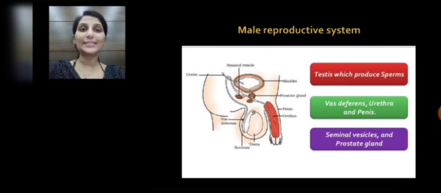The function of these secretions is to provide nutrition to the developing sperms, and also to provide a fluid medium in which the sperms can swim so as to reach the female reproductive tract for fertilization. So the glands release secretions which give nourishment to the developing sperms.